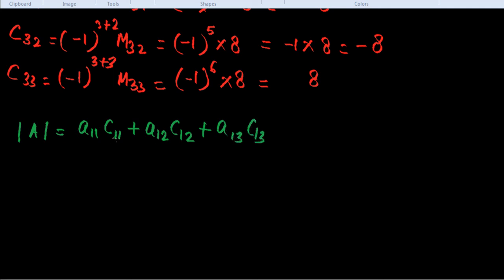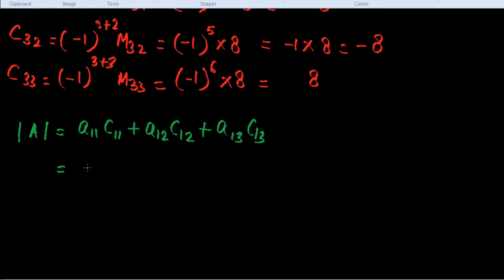There is no sign convention rule we have to apply because the cofactor, if the summation of i plus j is odd, will already give us the negative sign. So always we have to take the plus sign in between.